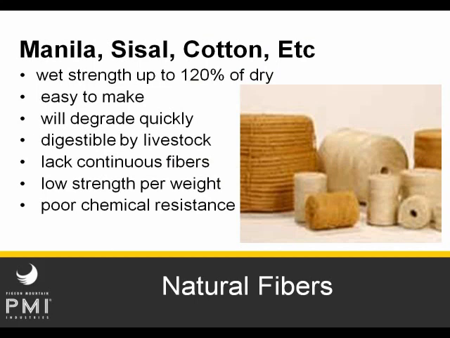Although they do strengthen while they're wet, and they're very easy to make and pretty cheap, they have a very low strength to weight ratio, and their lack of continuous fibers makes them susceptible to everything from low abrasion resistance to low strength. So unless you need something that is highly digestible by livestock, which I'm sure is very important to most of you, you really need to stay away from these kinds of fibers.